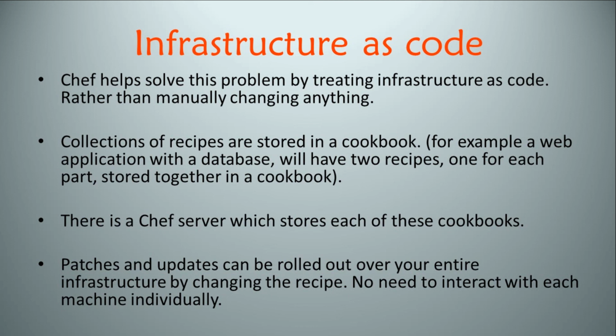The key to Chef's power is that it turns infrastructure into code. As I already said, that means your computing environment has some of the same attributes as your application. So your infrastructure is versionable, repeatable, and testable.